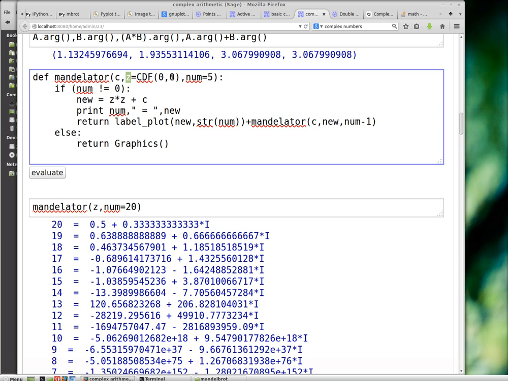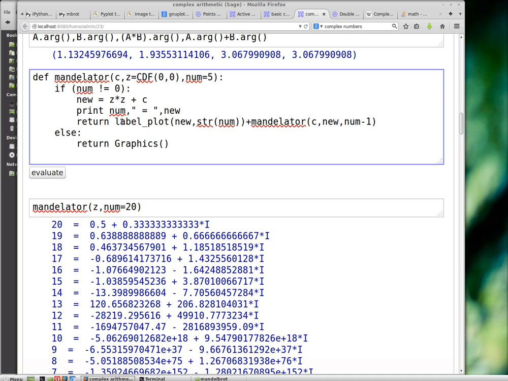Initially z is 0, and c is the point you put in to see whether it's in the Mandelbrot set or not. This input c is complex, so it's a point in the complex plane. And I've done this recursively. So the base case of the recursion is when num is 0, and then it just returns this.